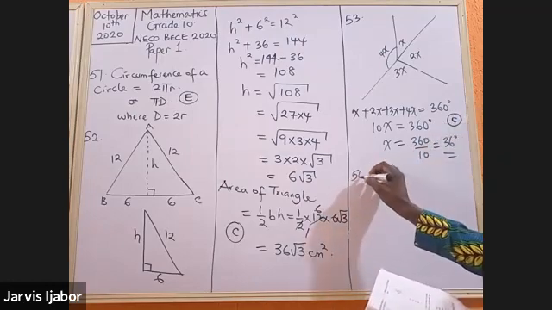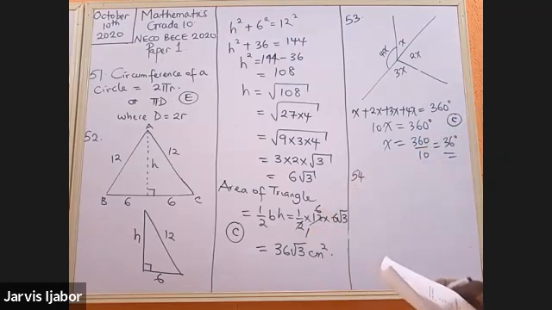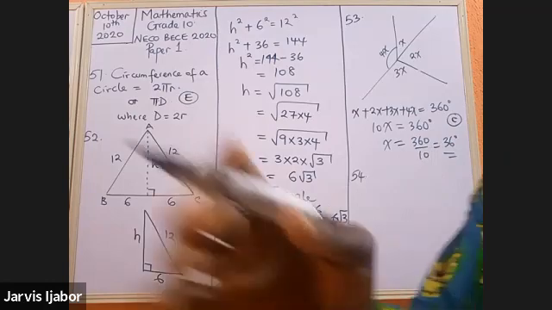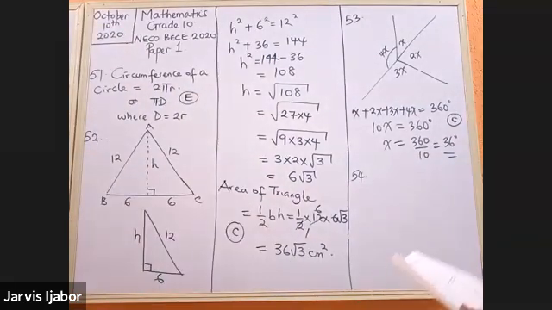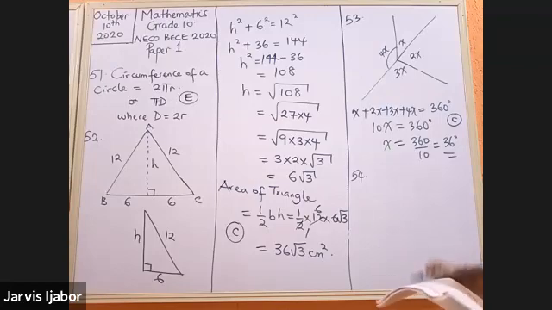So what about question 54? In question 54, we're going to have that calculate the volume of a cuboid 6 cm long, 3 cm wide, and 2 cm high. How do you place that? Now look at this.